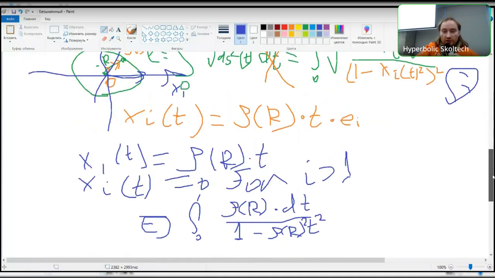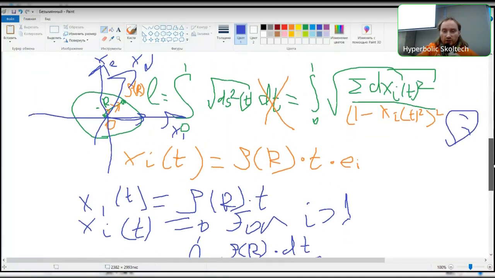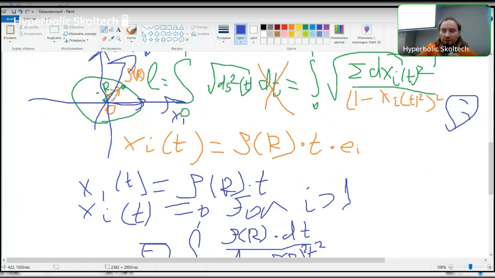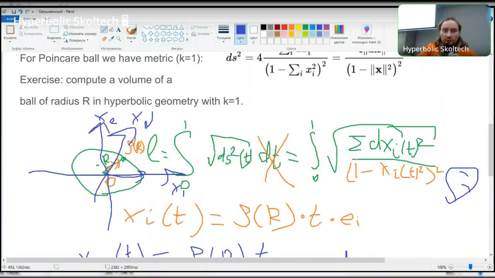And what actually? So we have an equation. So for us, our length equals r, since we have a ball of radius r, right? This is a task.